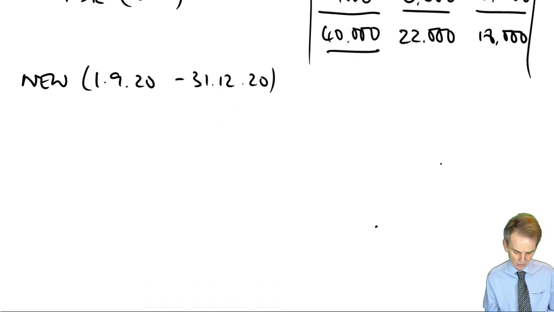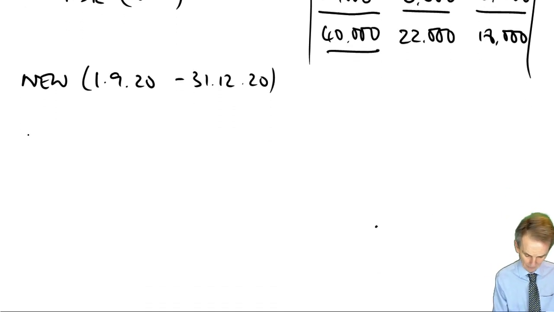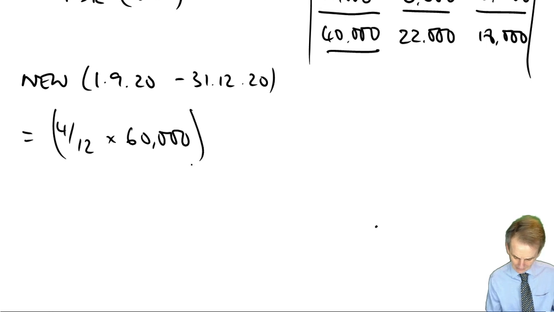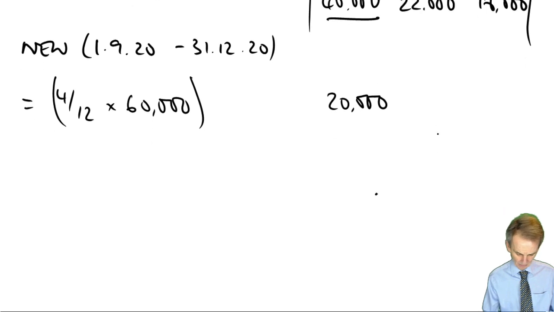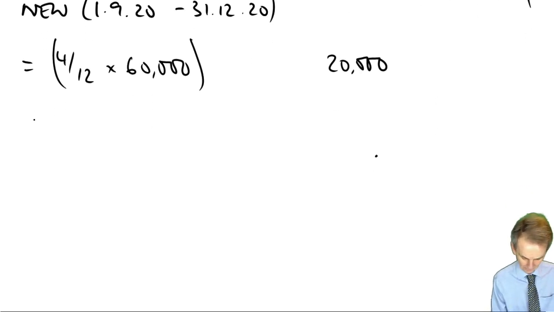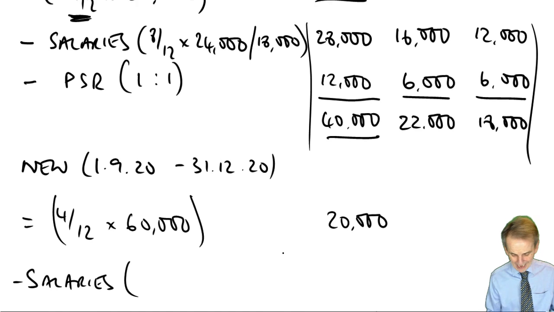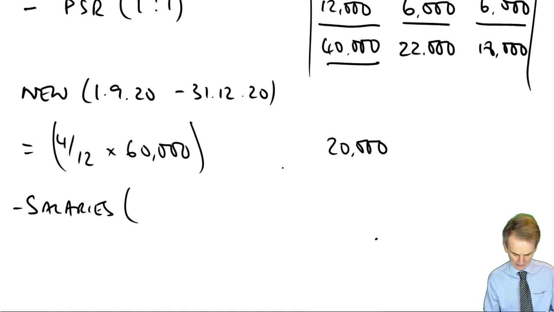Okay, so the new agreement, the last 4 months of that period. So we want the remaining 4/12 of the £60,000. And that therefore will be the remaining 20,000 out of the £60,000 profit now to be split. Again, the first part of that, salaries. Last time we took 8/12 of the then annual salaries.